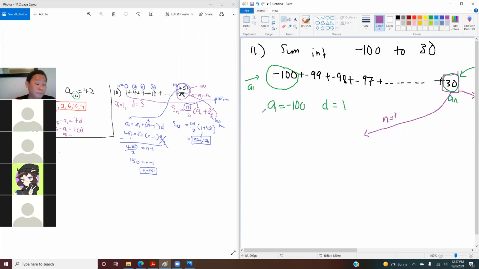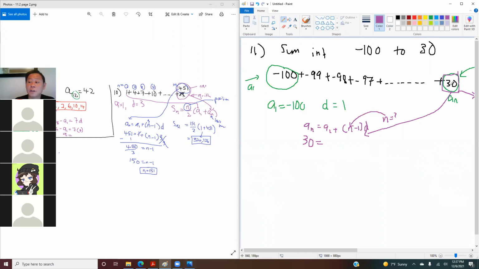So, anyone? 30 is equal to what? A_n equals A1 plus n minus 1 times D. We are solving for n.